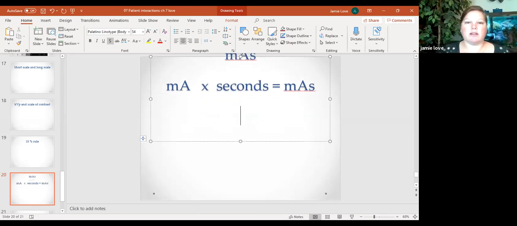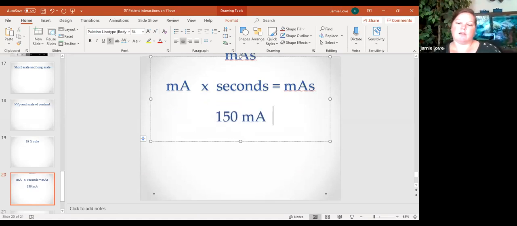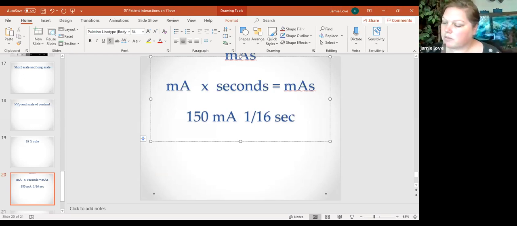On our calculators, because we will have some of these where you guys have to calculate out the mass. In our room, you do the dial, and you can select 150 mA, and you can put it at like 1/16 of a second. Let me get my calculator back out. It's going to tell you your mass value.